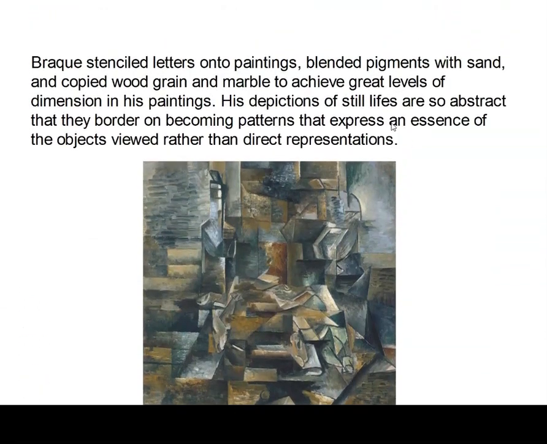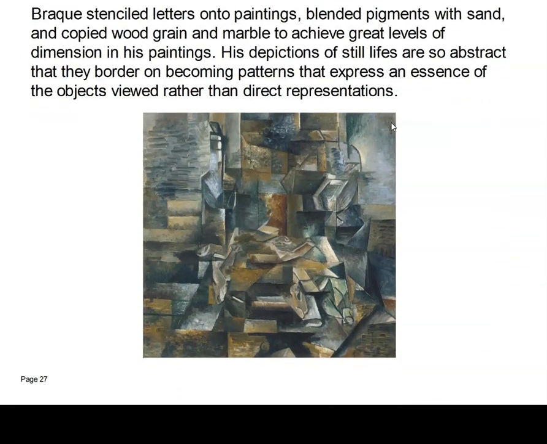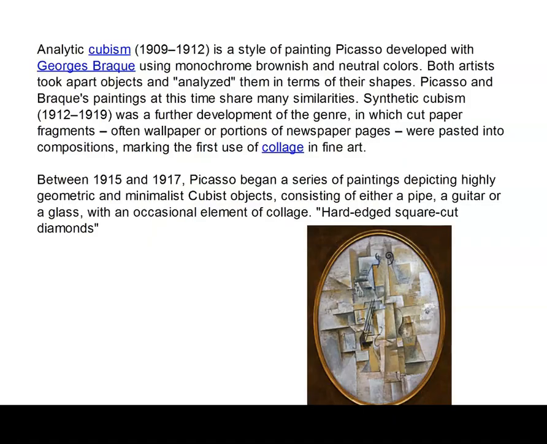So one of the biggest things with Braque is letting you know that he was in connection with Pablo Picasso, and they really developed this movement together. You can definitely see a lot of similarities between their works.